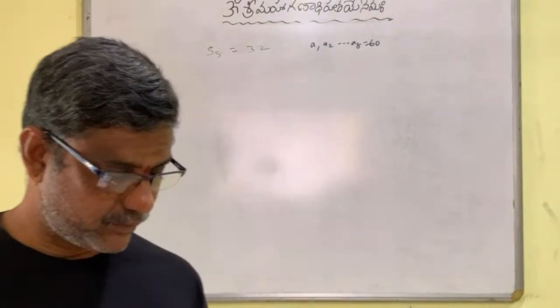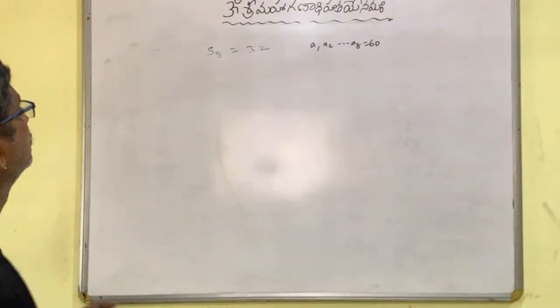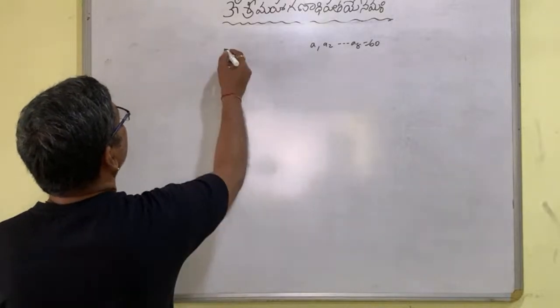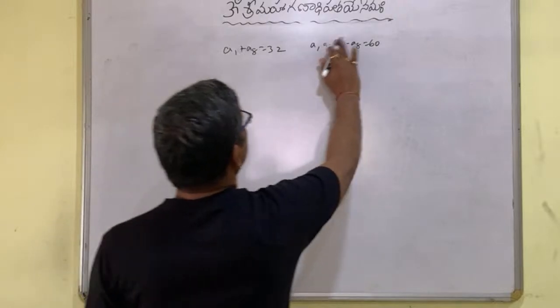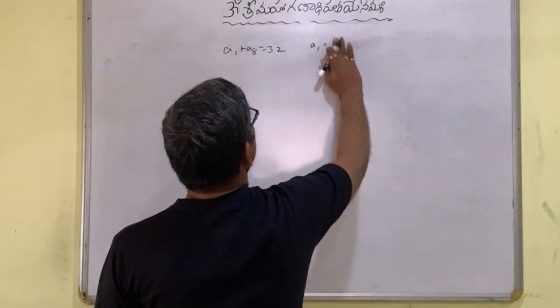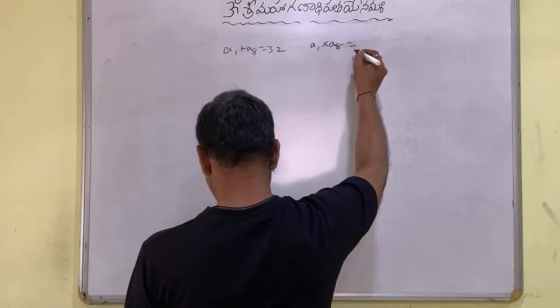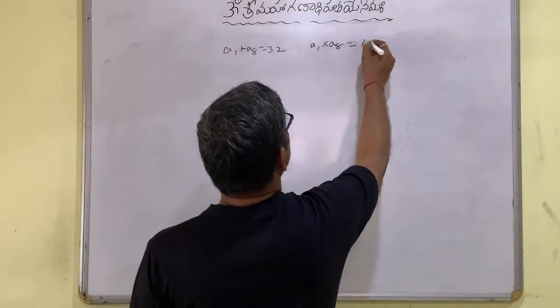Sorry, the sum of the first and eighth terms: a1 plus a8 is 32, and a1 into a8 is 60.